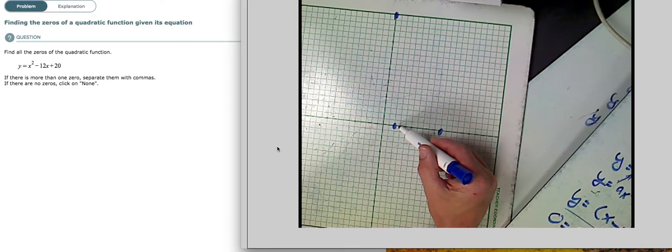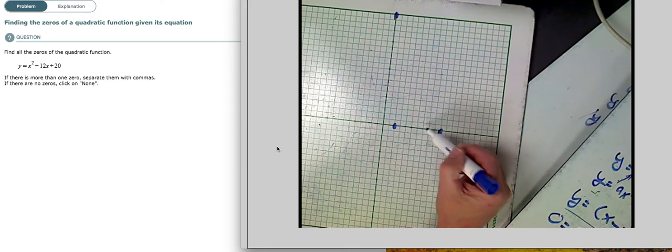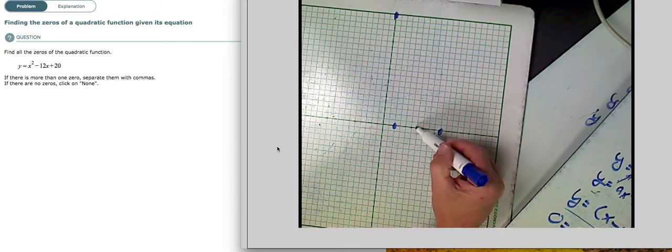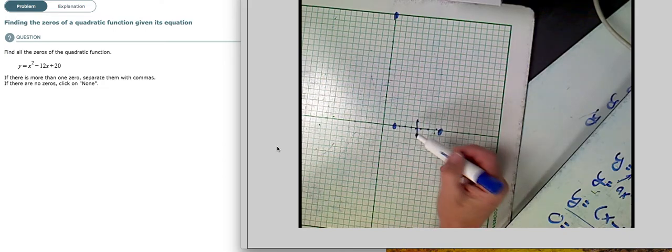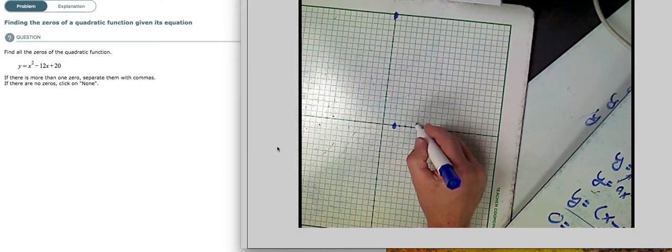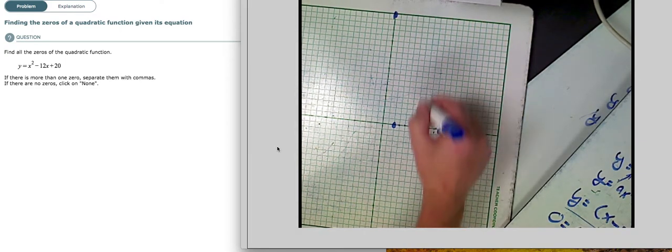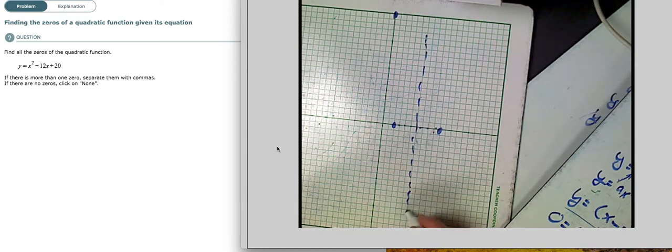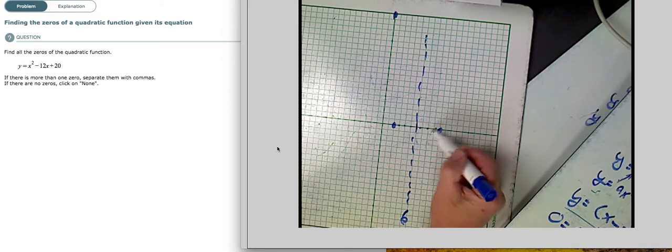So it's going to be halfway between 2 and 10, which occurs right at positive 6. So my axis of symmetry is going to be along here at positive 6, and I know that because it's halfway in between those two.